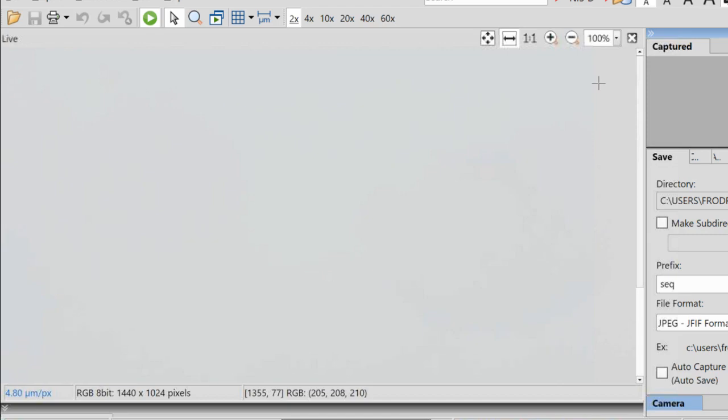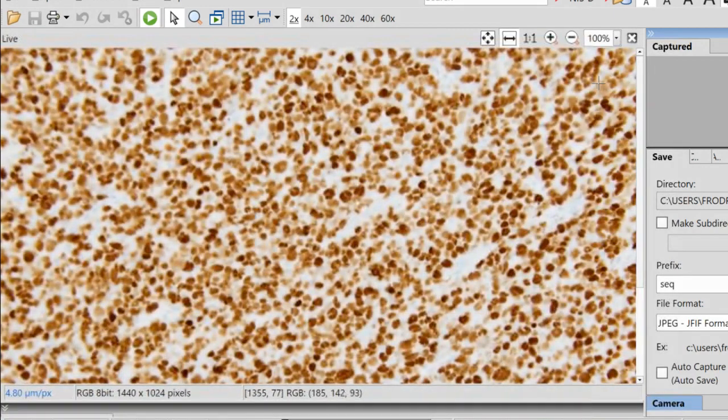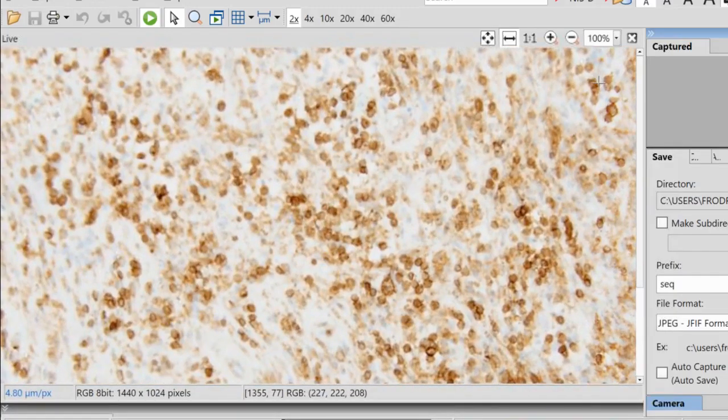Let's see what immunostains we have. So the tumor was MUM1 positive. This is MUM1. CD4.